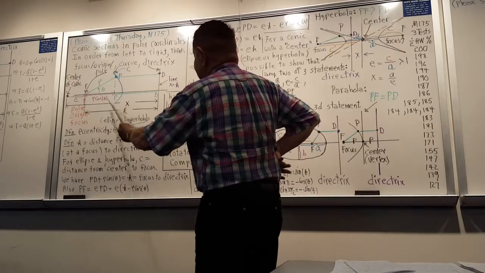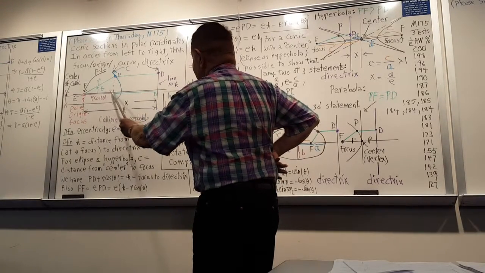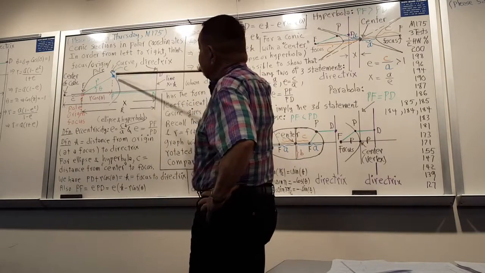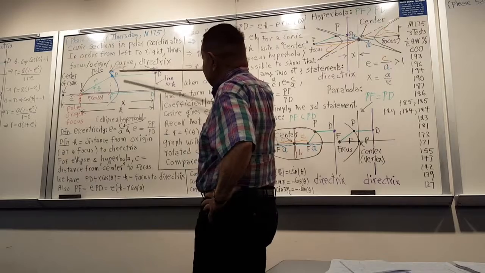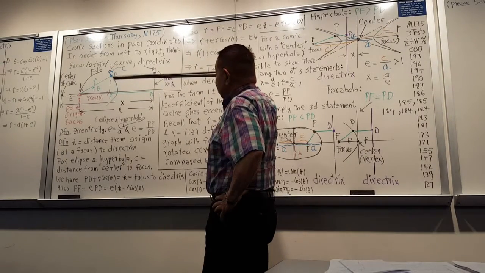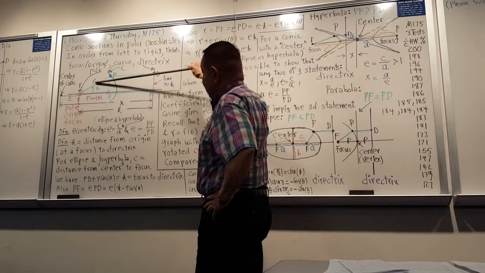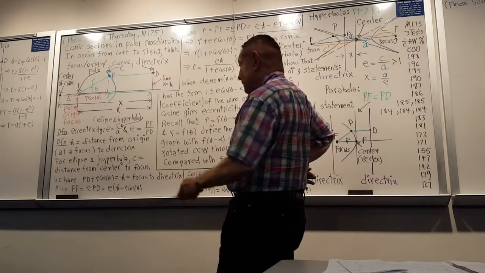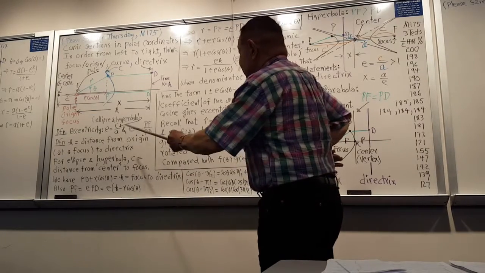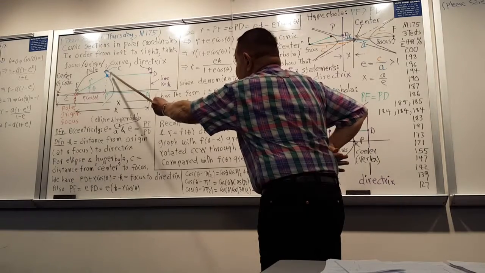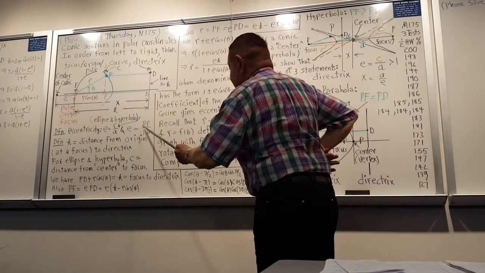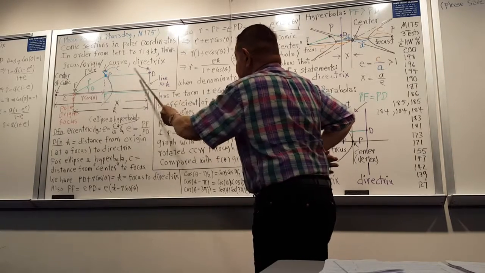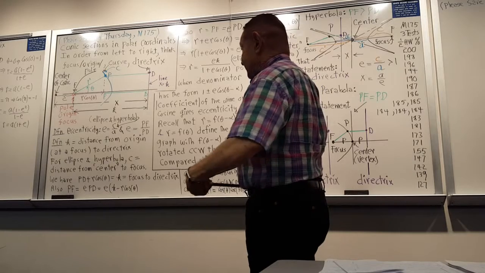So then K is r cosine theta plus PD. And the concept called eccentricity relates the PD distance to the r distance. You can define eccentricity as the ratio of PF, which is to say r, to PD.